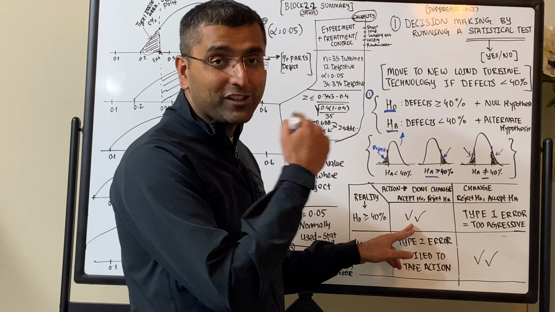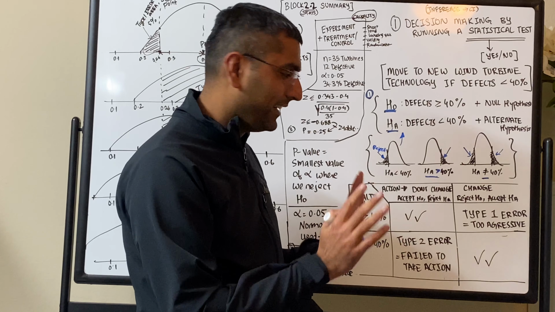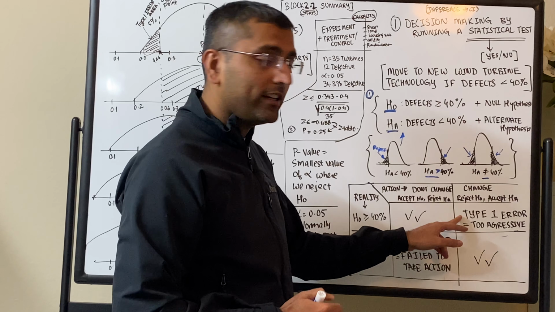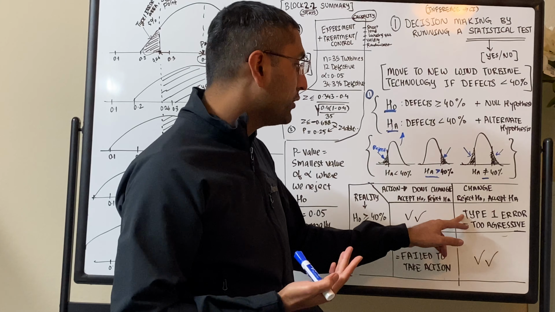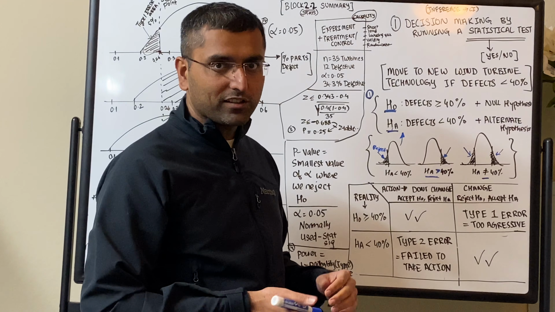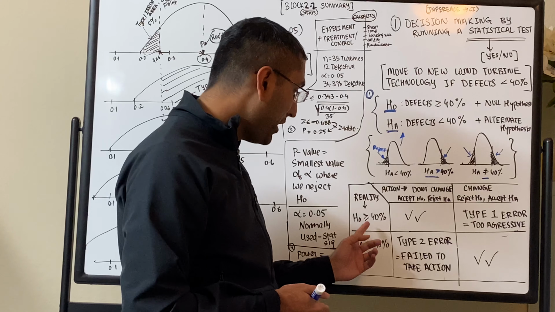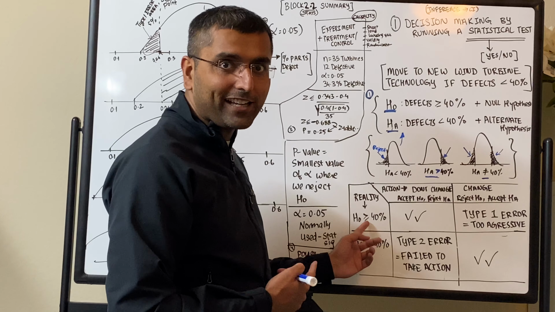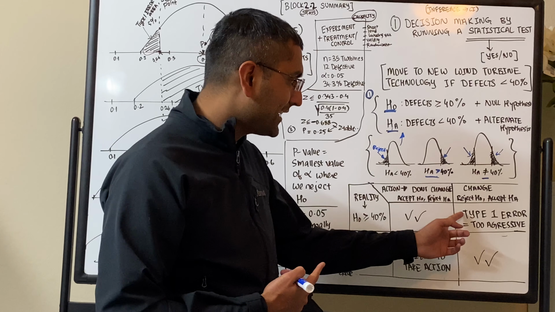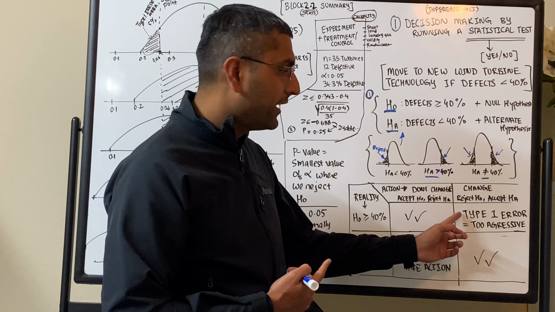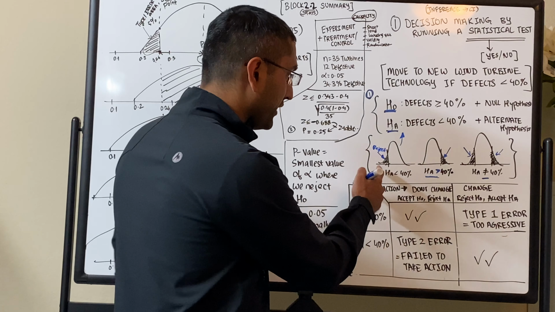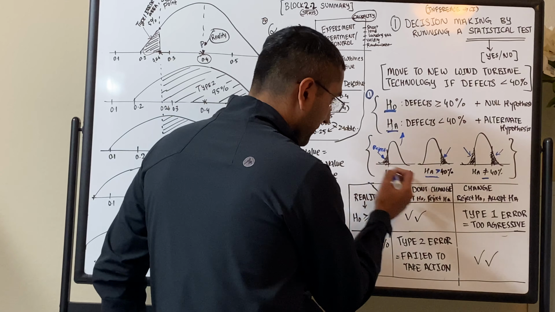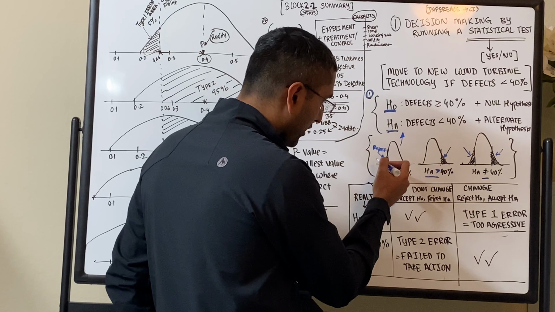Saying, defects on the new technology are greater, I'm not going to do anything, right? But let's say you did a sample pilot test, and you found that the defects are actually smaller than 40%. But the reality is that defects are actually greater than 40%, so you acted too aggressively, right? So you reject the null hypothesis, you're here. Let's say type 1 error. How would we draw type 1 error here?